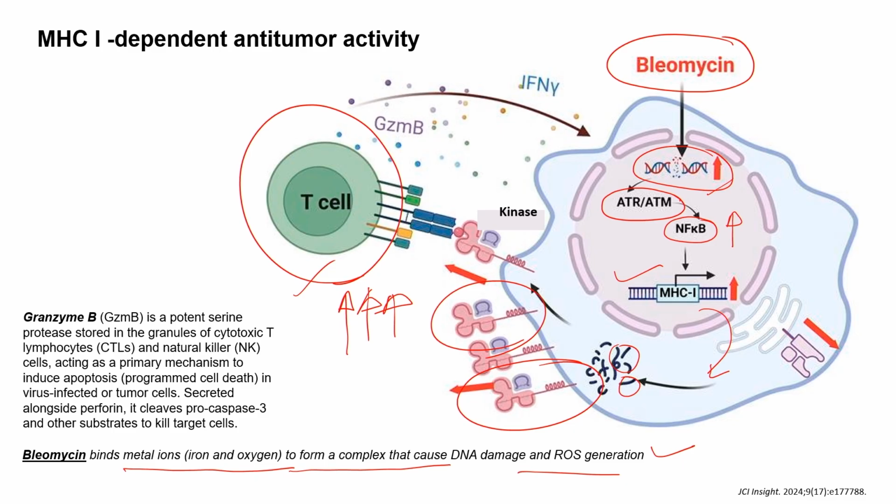And once the T cell is attracted, more and more cytokines such as interferon gamma, and one such factor is granzyme B. Now what granzyme is, is written here, we will study it later. So this is actually a serine protease which is secreted by cytotoxic T cell, because of course we are talking about MHC1, so this is cytotoxic T cell.